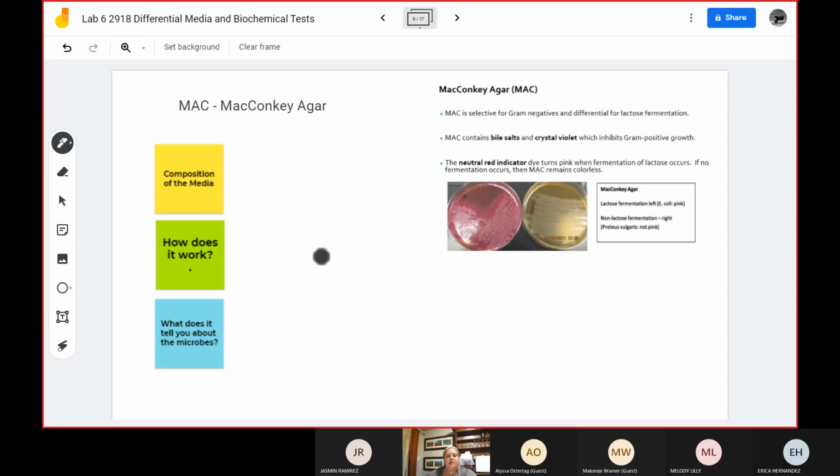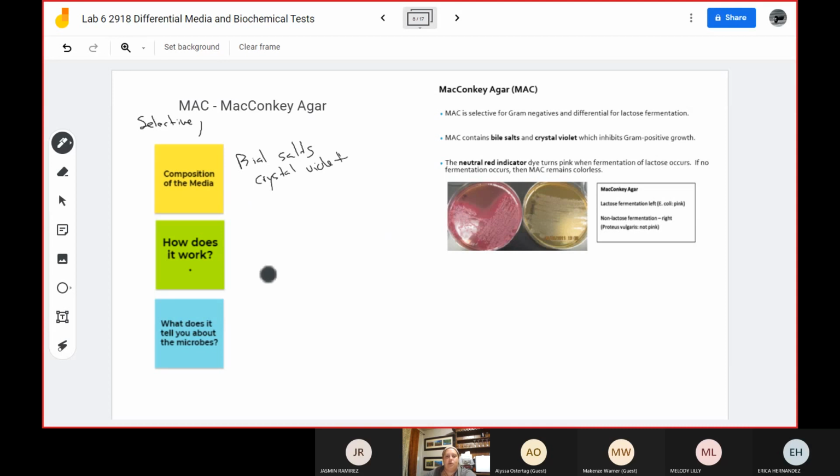The next type of media that we're going to talk about is the MAC media, or the MacConkey agar. MacConkey agar contains bile salts and crystal violet. Bile salts and crystal violet are both gram-positive inhibitors, so this is a selective media because they're inhibiting the growth of gram-positives.